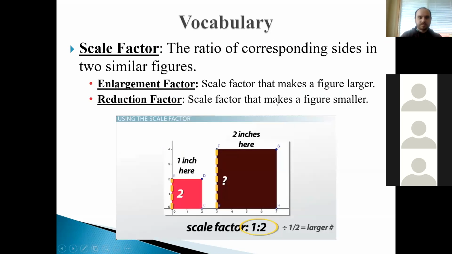Okay, let's go to the next one. Now, scale factor, this comes with 2 bonus definitions. I'm sure you're overjoyed to get to write extra things. But scale factor is the ratio of corresponding sides in 2 similar figures. So, for instance, this one right here, I don't know why it says 1 inch here.